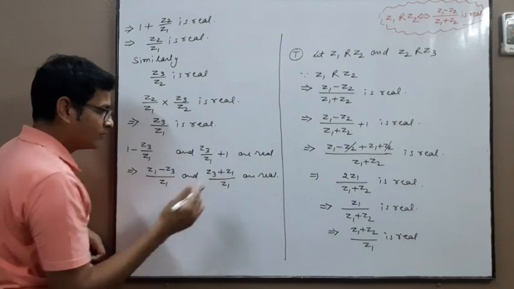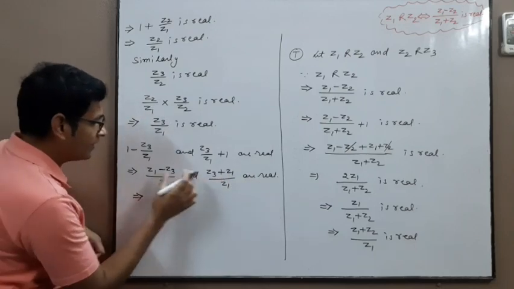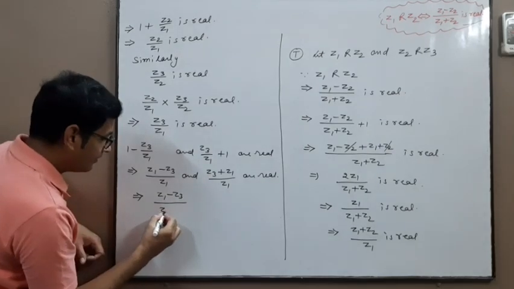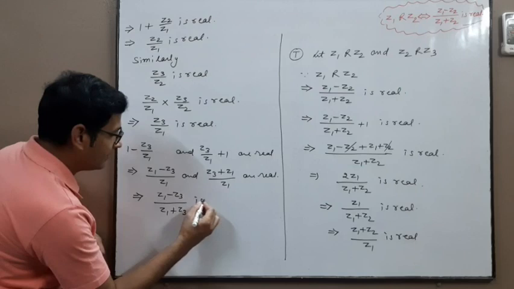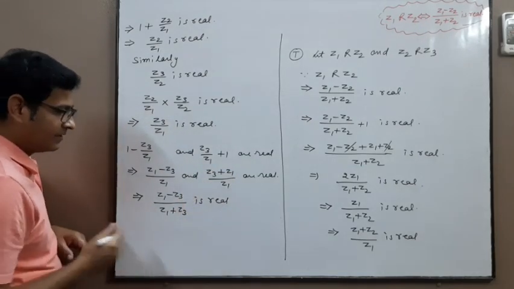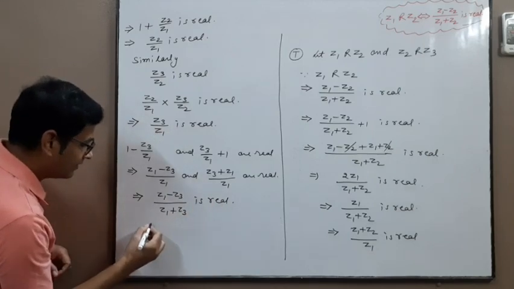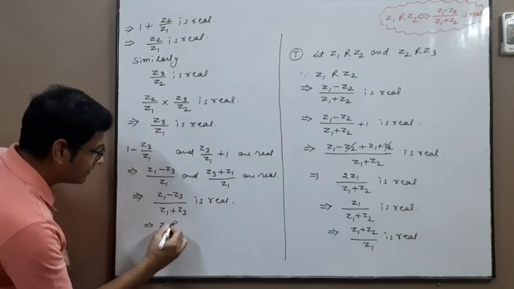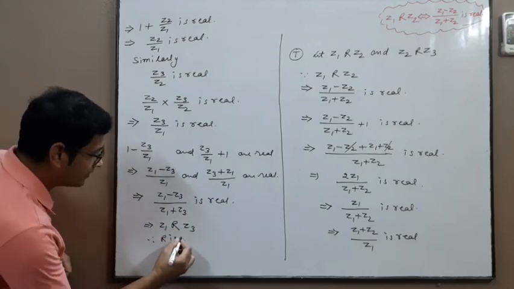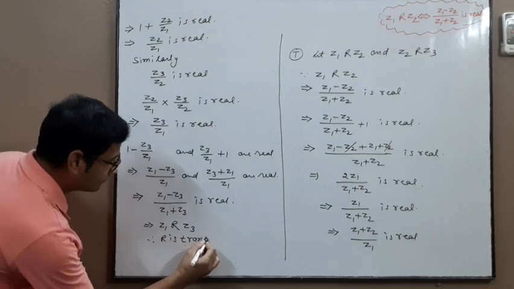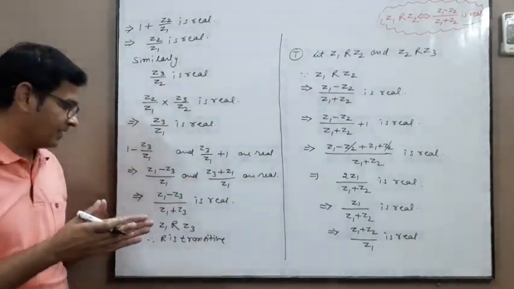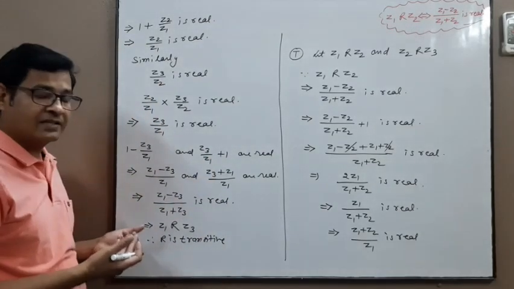So this upon this is also a real number. Now dividing this quantity by this quantity, (Z1 - Z3)/(Z1 + Z3) is real. It is not important whether we write Z3 + Z1 or Z1 + Z3. If this quantity is real, it implies Z1 is related to Z3, therefore R is transitive. R is reflexive, R is symmetric and R is transitive, therefore R is an equivalence relation.